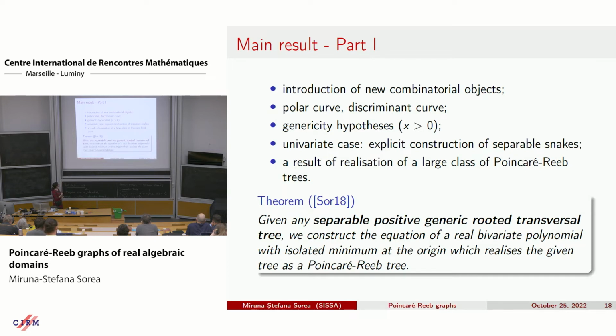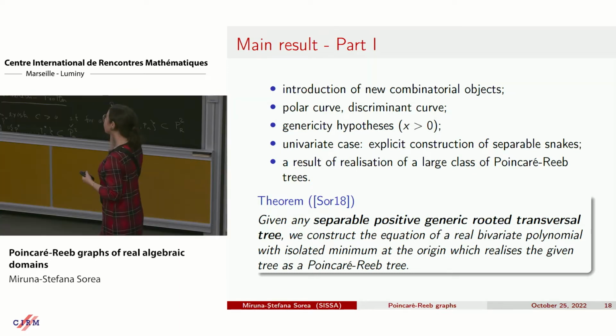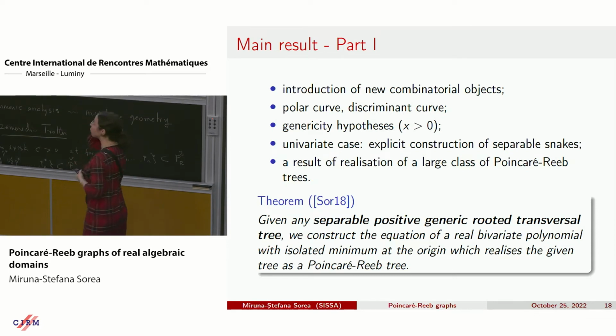Given a separable transversal tree, we can construct the equation of a bivariate polynomial with strict local minimum at the origin, realizing this tree. These adjectives are technical. For now, what is important is that for a large class of transversal trees, the separable ones, I can give this construction effectively. Good. So for the first part, this is the main result.